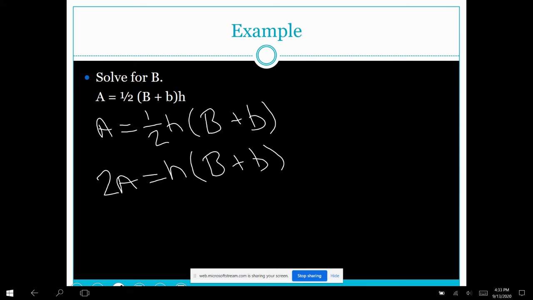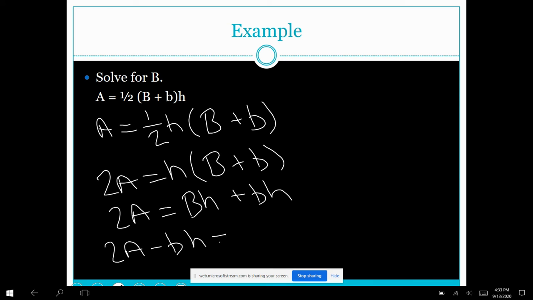I can go ahead and distribute the h. So I have 2A equals big B times h plus little b times h. Subtract the little b times h, and we get 2A minus little bh is equal to big B times h.